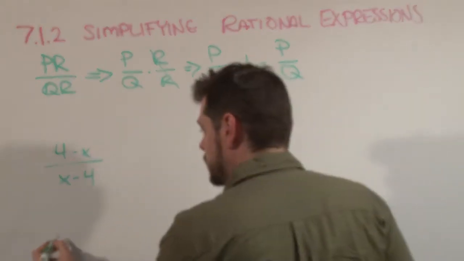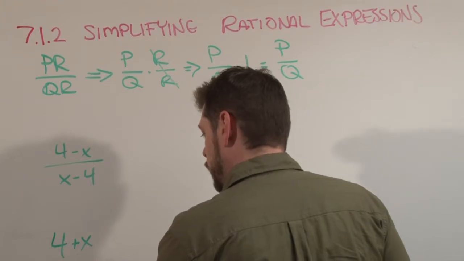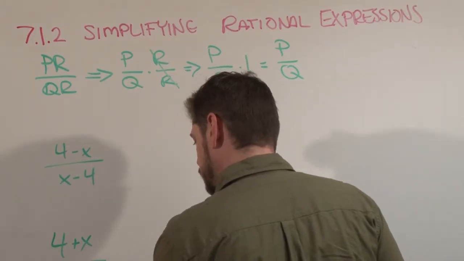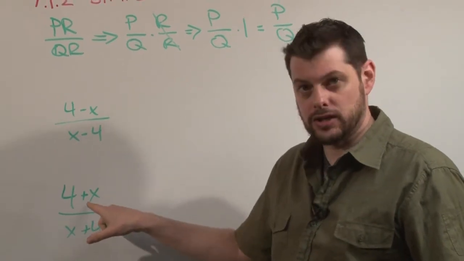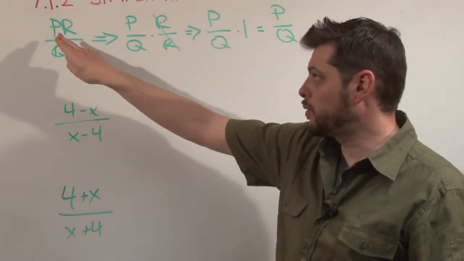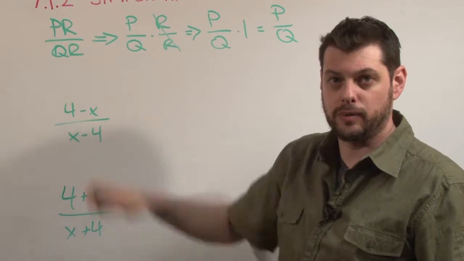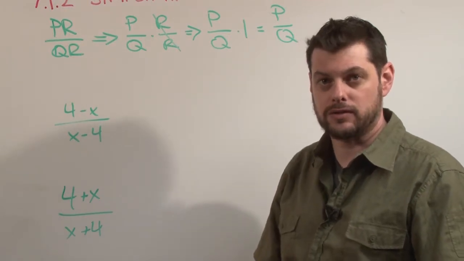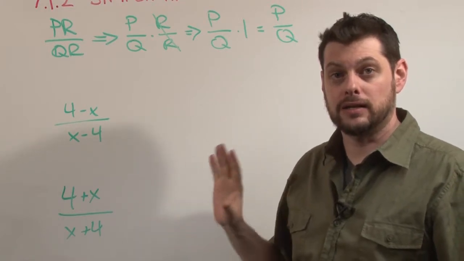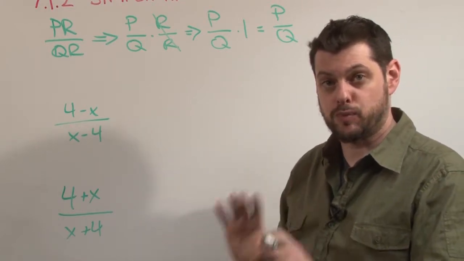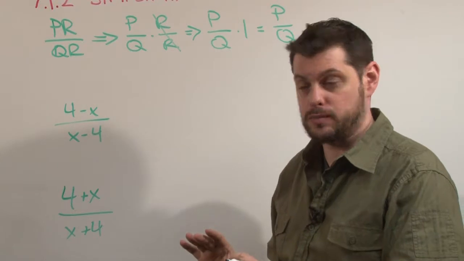And if I had, let's say for example, 4 plus x over x plus 4, this is a term of addition, okay? So remember, even though we don't write the multiplication symbol in our definition of how to simplify rational expressions, our method works only when we've isolated our expressions as products, as product terms.